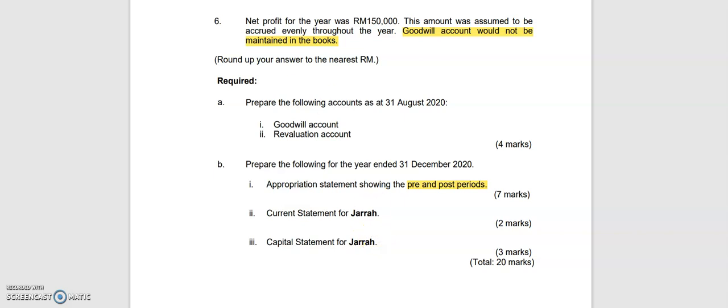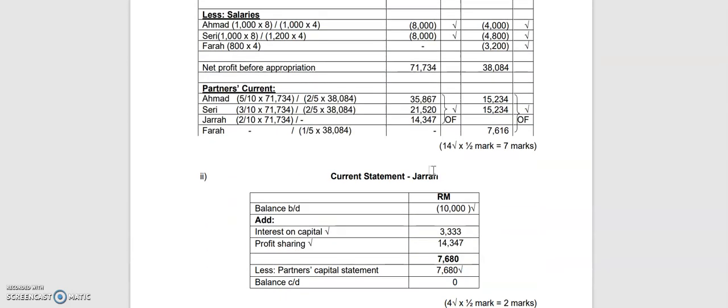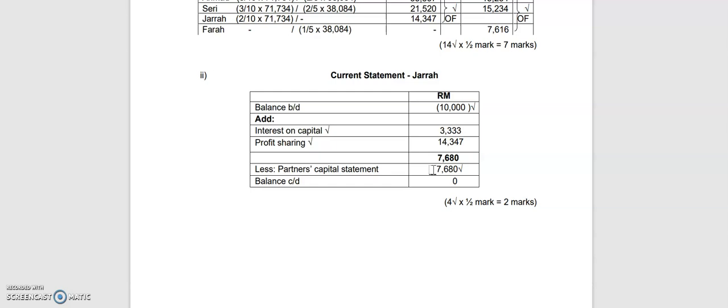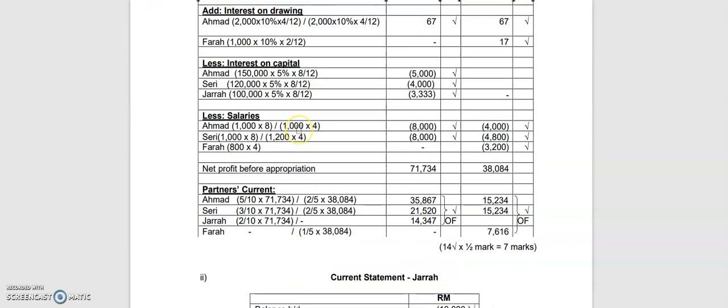So this is the same concept as February 2022. So you can open the account simultaneously, concurrently. So open the capital statement and bring down the value of goodwill. And don't forget, of course, you must start with the balance brought down. Okay, done with the goodwill.